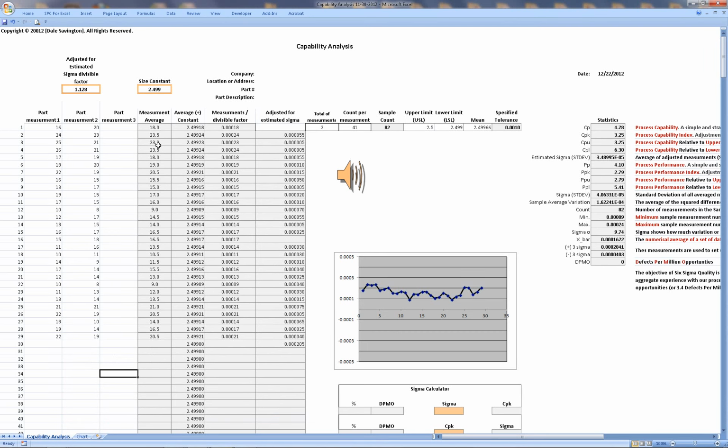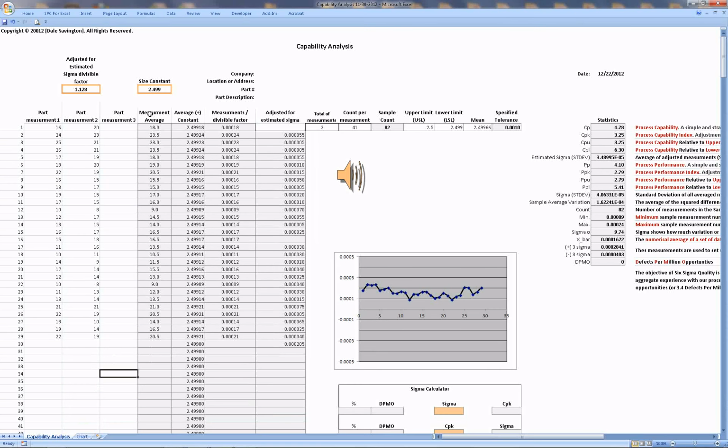The first choice at the top left side of the sheet is adjusted for estimated sigma divisible factor. This allows a user to use a factor other than 1 relative to estimated sigma or standard deviation. I must mention that the adjusted estimated sigma has a default divisible factor of 1.128, meaning the average is divided by 1.128.